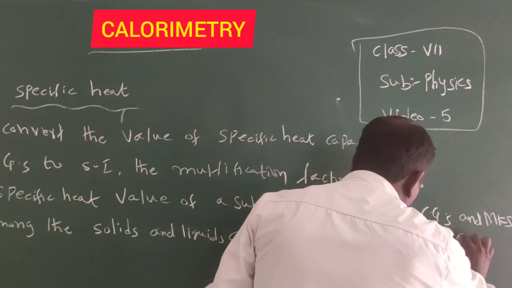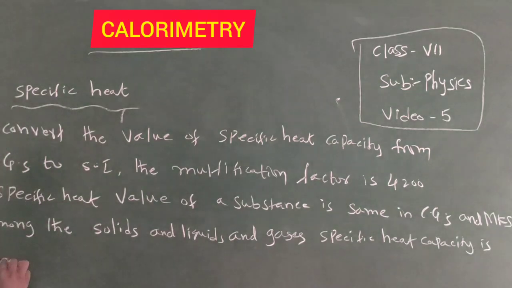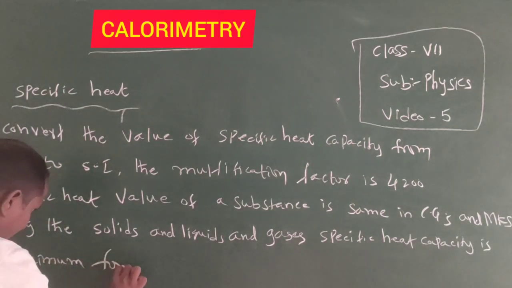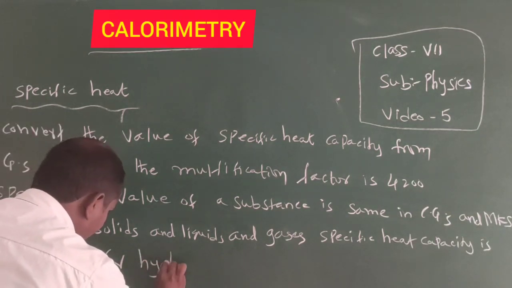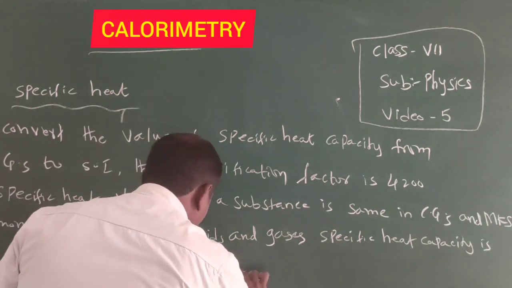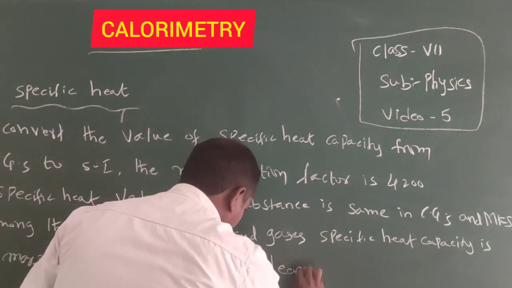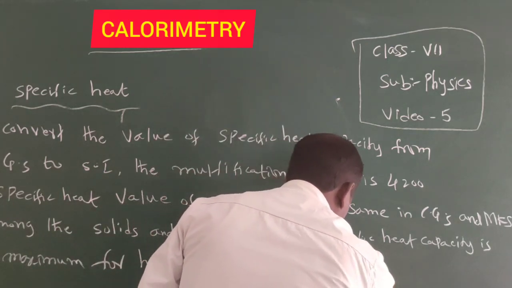specific heat capacity is maximum for hydrogen, and least for mercury.